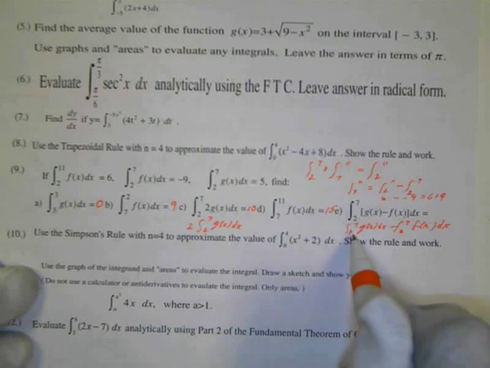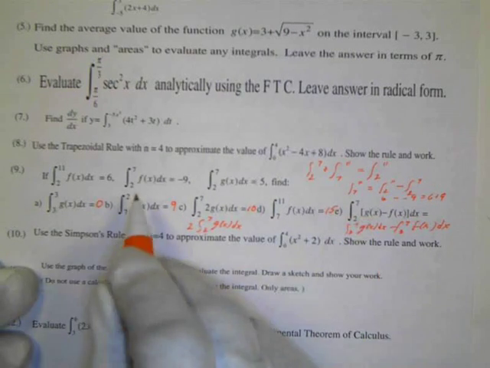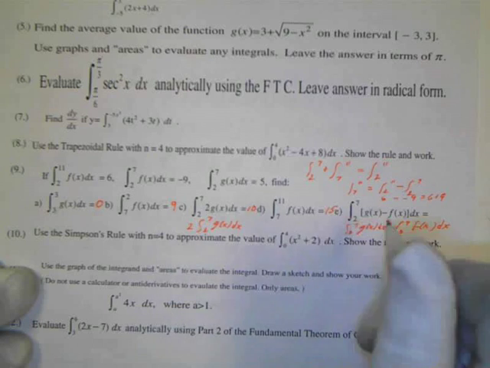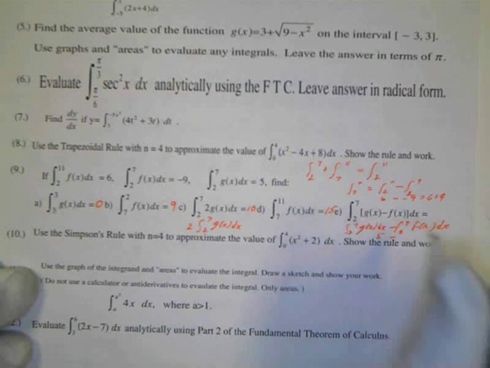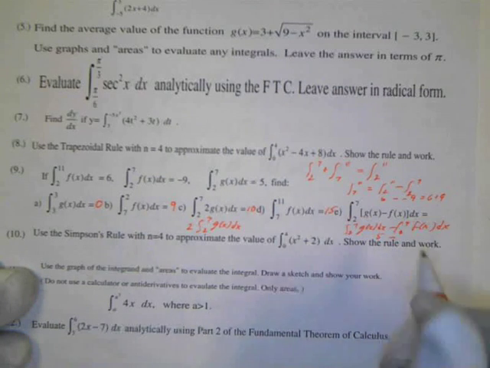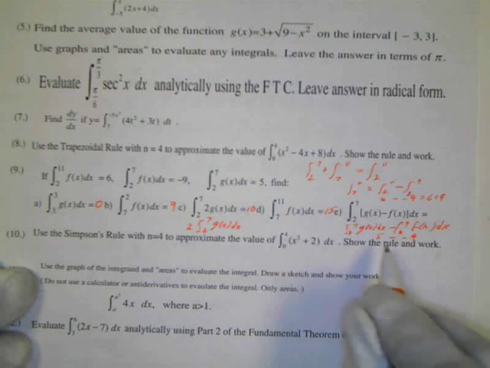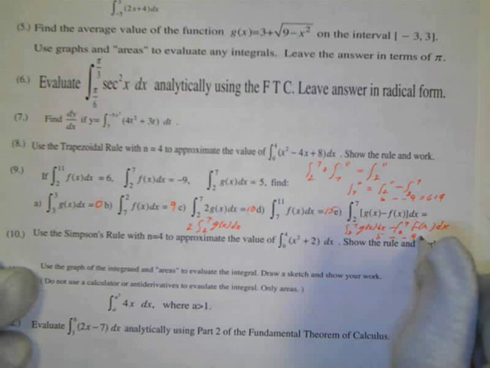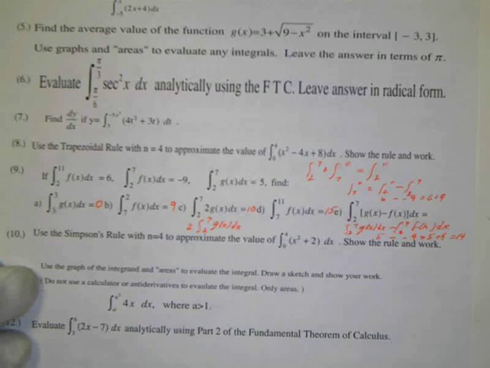The integral from 2 to 7 of g of x was 5, minus the integral from 2 to 7 of f of x, which was negative 9. So 5 minus negative 9 is the same thing as 5 plus 9, which is 14. So letter E was 14.